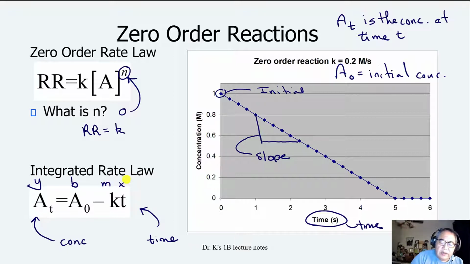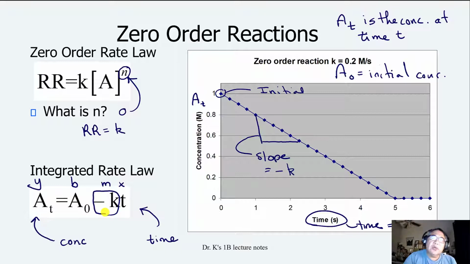So we're using time as the x-axis and A sub t as the y-axis. If you have a zero order reaction, the slope is equal to minus k. That's this part here. If you want to know the rate constant, you can calculate it simply by measuring the slope of the line.